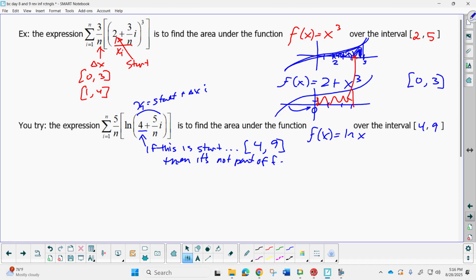If, however, you said this only is the x sub i and the starting is 0, then you'd say it starts at 0, goes 5 wide, in which case the 4 is part of the function, and f of x is log of 4 plus x. Through shifting, you would see they are the same.